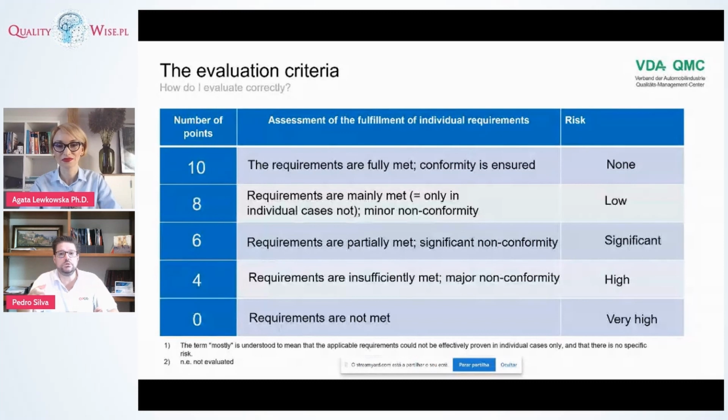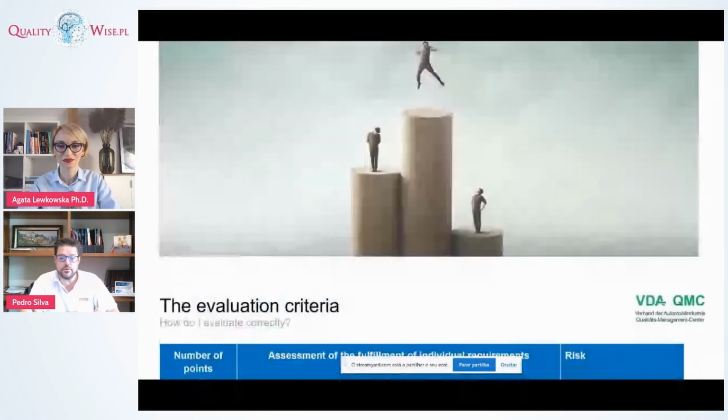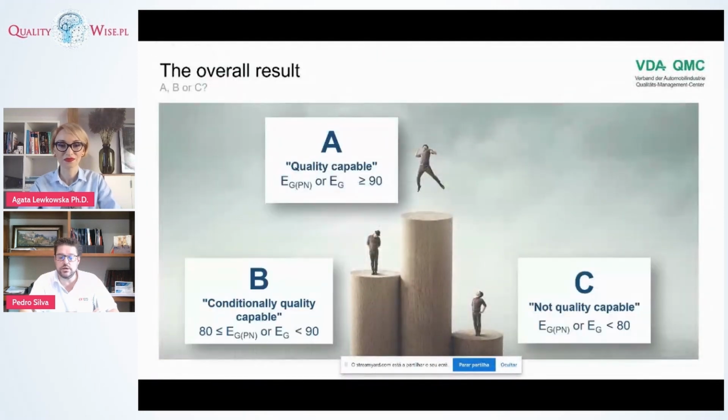If it is a star question, or if there are some zeros or 4s, then the next slide with the classifications applies. What counts is A, B, or C. It happens several times that you have a result of, for instance, 92%, but a classification of C. For instance, if you have one single star question with a 0, then we will be C, independently of the percentage.